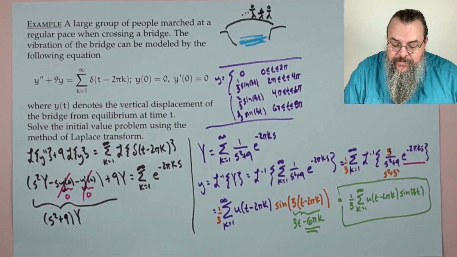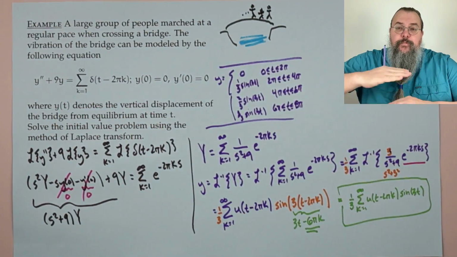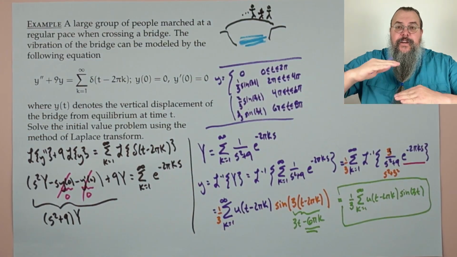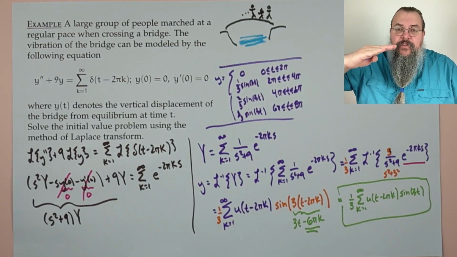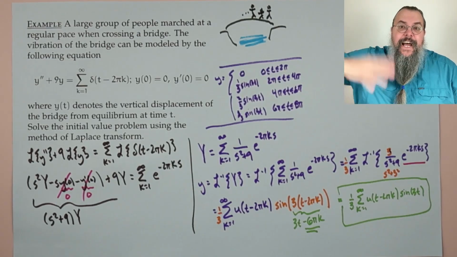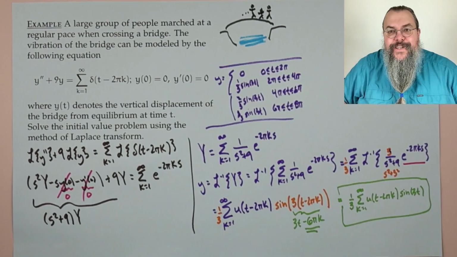What's happening is as time goes forward, we're stacking these sines on top of each other. So after a very long time, where the bridge was initially at rest, then it vibrated a little, then it vibrated more, and then more, and it's going to eventually go crazy out of control.